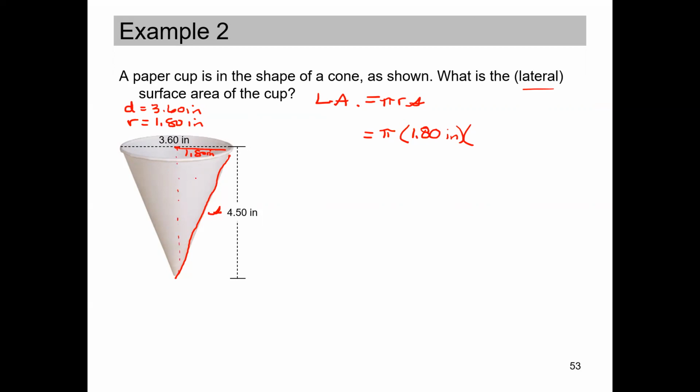Well, I can find it if I think about this right triangle that is formed with this and then the height. Now the height has been labeled, like I said, outside of the diagram, but really this 4.5 is the same here. So we have 1.8 across here. We have 4.5 for the height. So using Pythagorean theorem, I can find the slant. So I'm going to take this triangle and draw it down here.